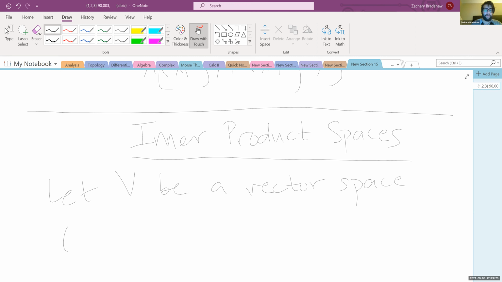I want to have some operation, which I'll denote like this, that takes two elements from my vector space and spits out a number. The number belongs to the field that the vector space is over. In quantum mechanics, we usually want that to be the complex numbers.